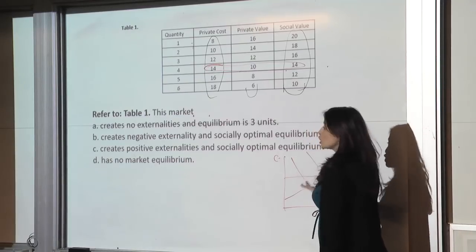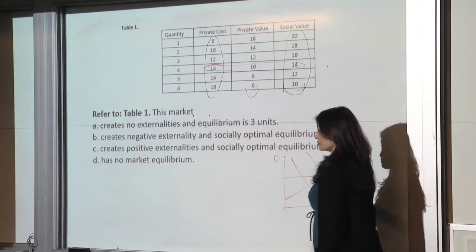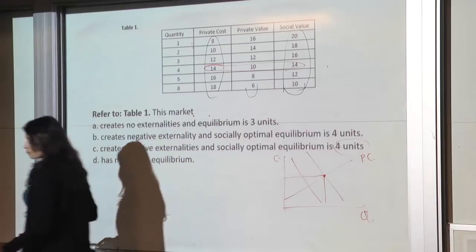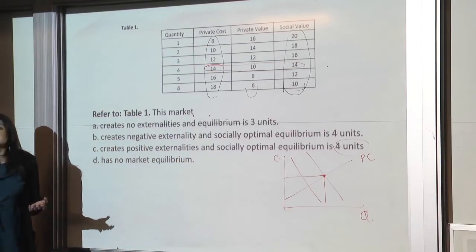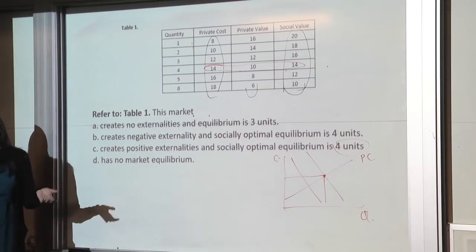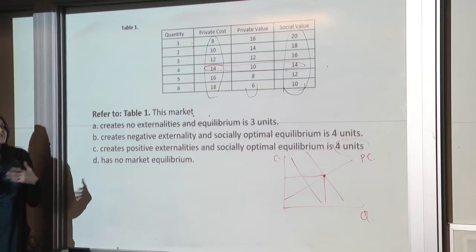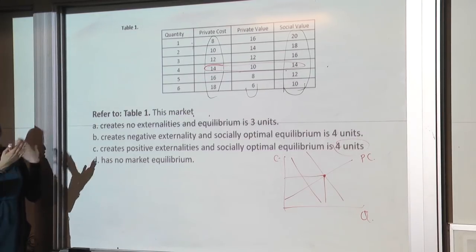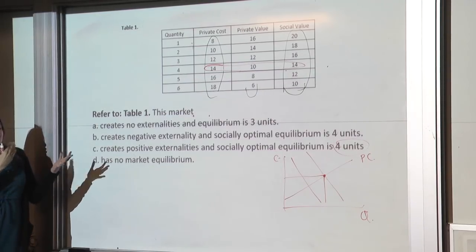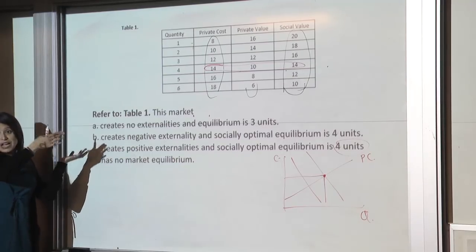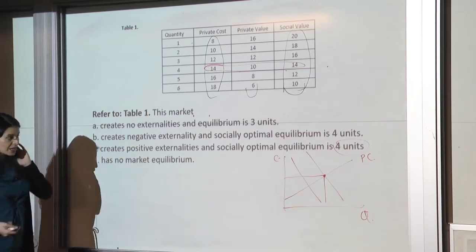By making those two equal, okay? Remember that equilibrium is making demand and supply equal. What is demand is valuation or willingness to pay. What is supply is cost, right? So you have to make your concepts parallel to the idea here and find the answer.